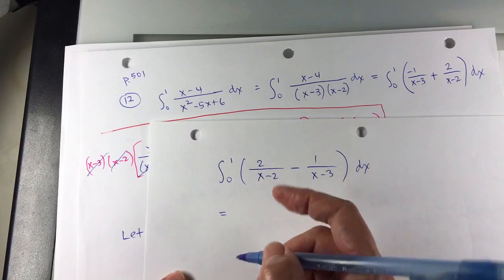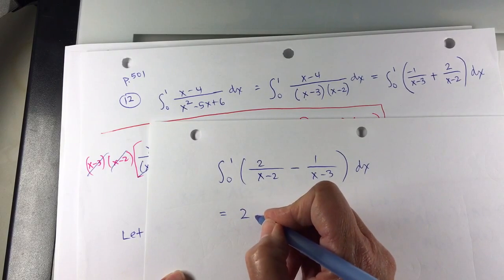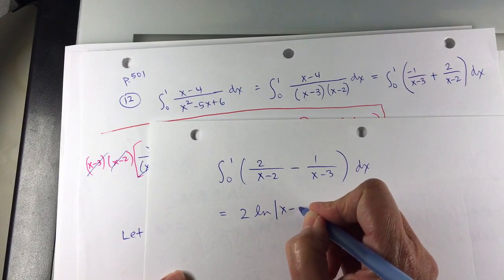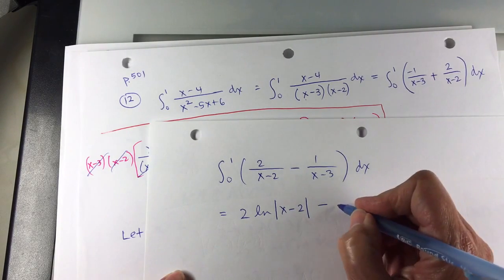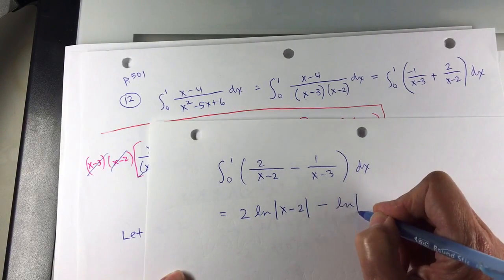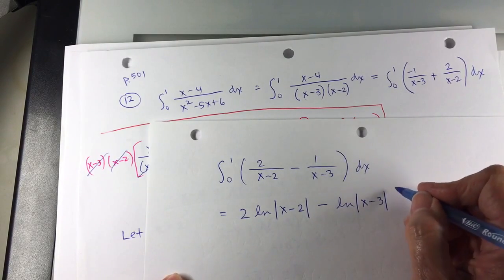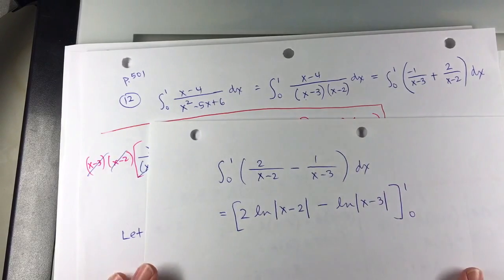What's the antiderivative of the first part? There it is, 2 times the natural log of the absolute value of x minus 2. And the second part is the natural log of the absolute value of x minus 3. I don't need the plus c because it is a definite integral. We're going from 0 to 1.